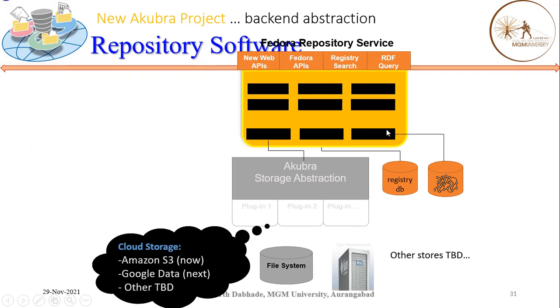This is, we can say, the new Fedora project. Here you can see the cloud storage, or any storage you are going to use, and this cloud storage can manage your file system. The data is in the form of very large volume, so we need to manage web APIs, Fedora APIs, registry search, RDF query.